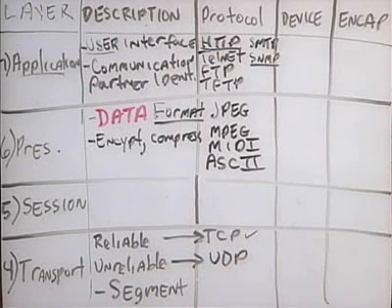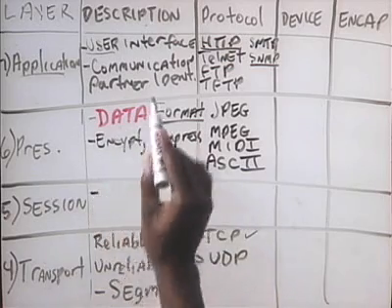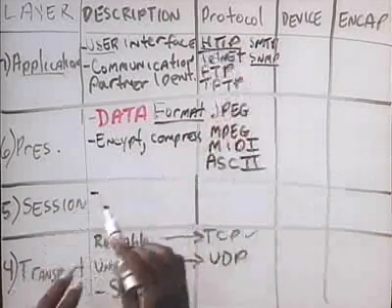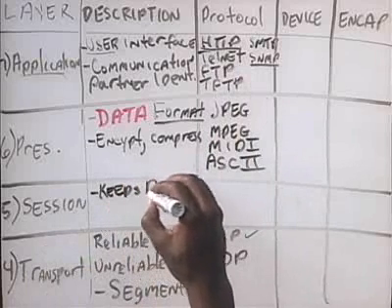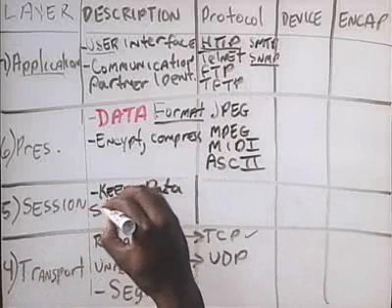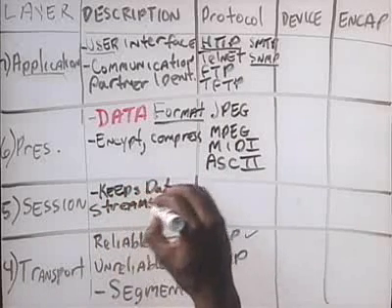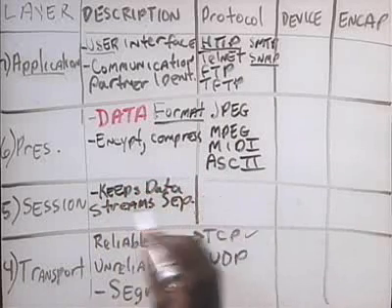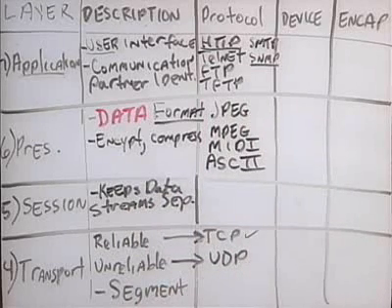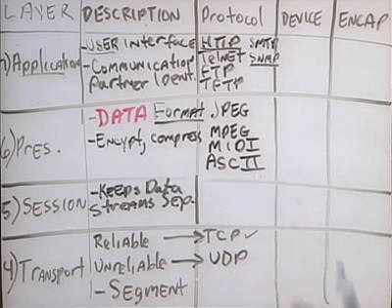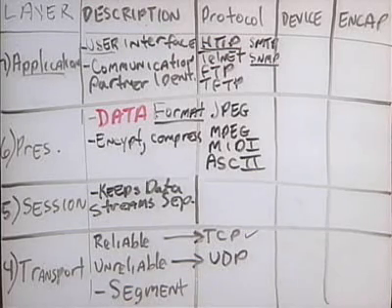The session layer is involved with keeping these different data streams separate. Say, for instance, you have a Telnet session open to a remote device, and then you also want to look up some information about that router to determine how to configure a particular protocol or parameter in that router.